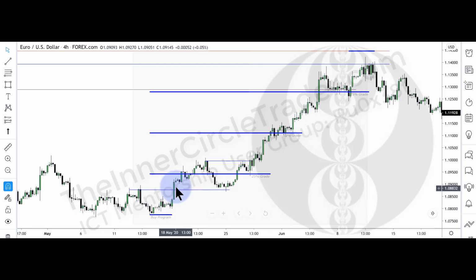It's running to buy side liquidity, then it runs up, fails to get above this high here, but then trades lower back into the imbalance here and back into this area of old order flow.